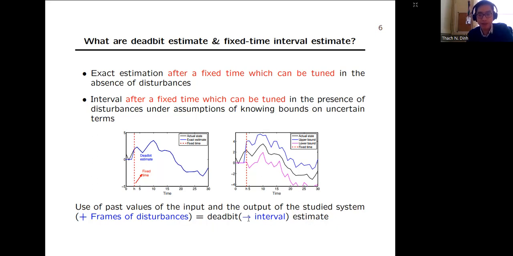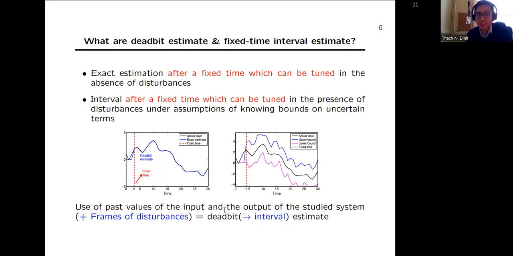And once we have built the deadbeat estimate, the construction of the interval estimate is quite simple, because we just need to add the frame of the disturbances and noises, so we can obtain the interval without difficulty.